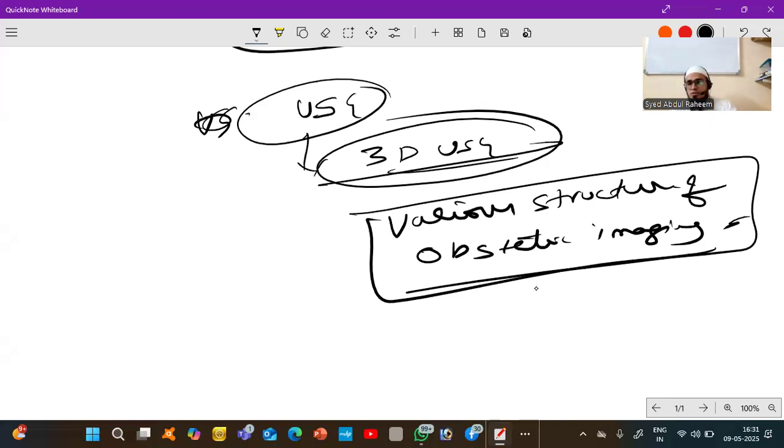So 3D is mostly used for pregnant women.